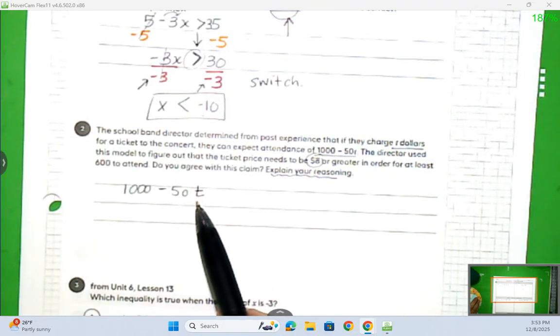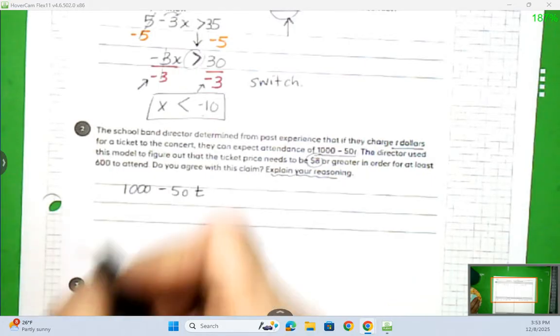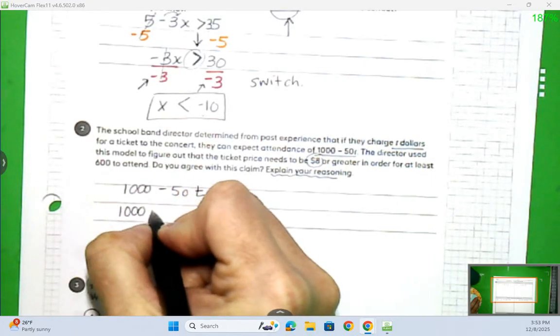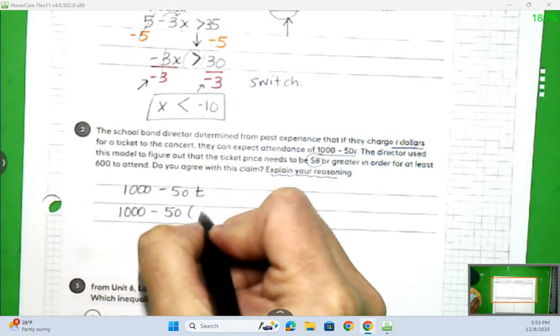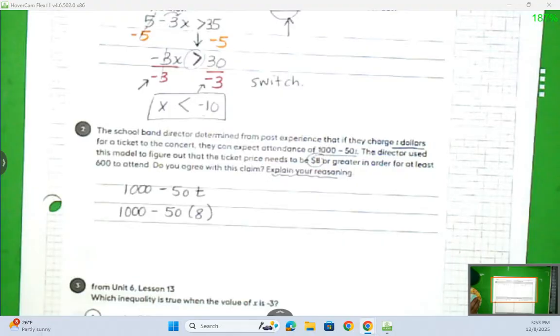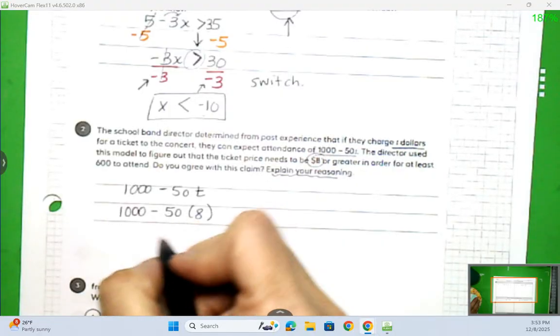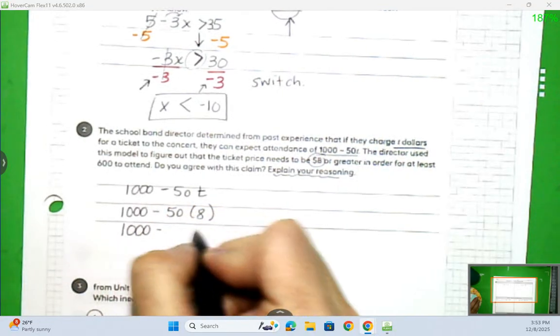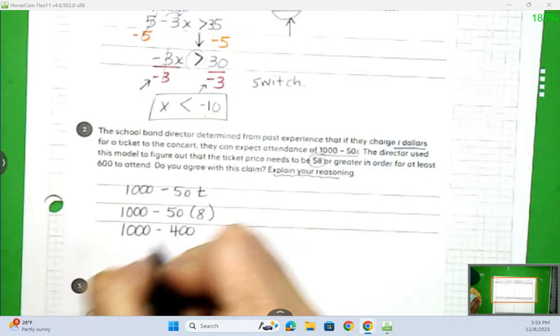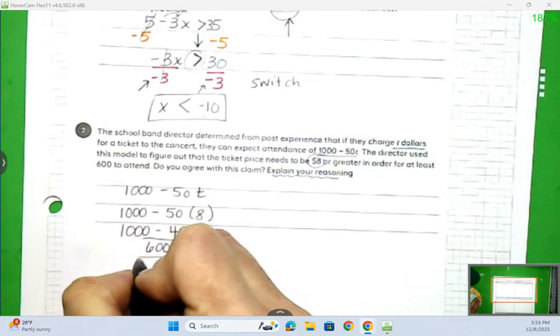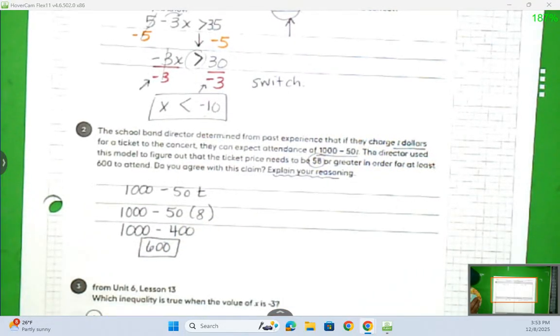What would that do to this expression? So 1,000 minus 50 times 8. And if you do 50 times 8, you're going to get 1,000 minus 400, which gives us exactly the 600. So 600 to attend for $8 or greater.